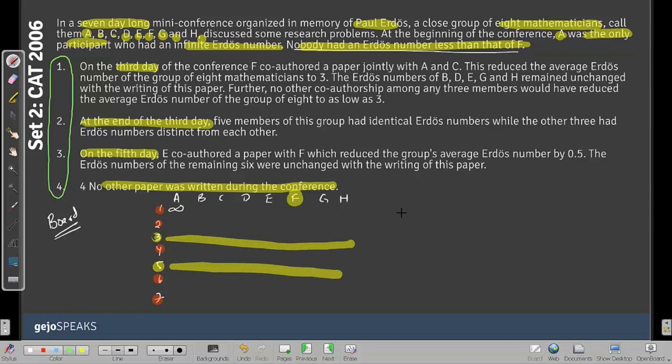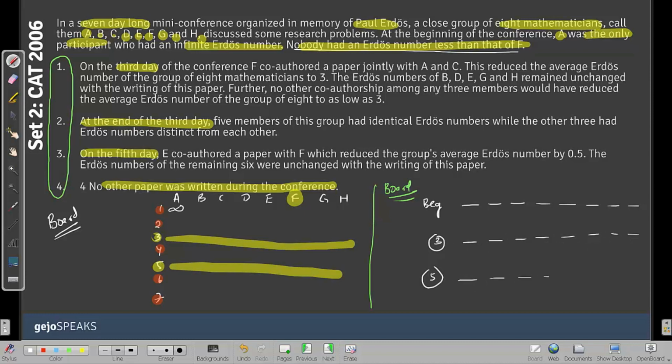And therefore the board that we could go with. So if you are thinking of drawing a board to go with, that board will look like this: let's say there are the 8 of them, 1, 2, 3, 4, 5, 6, 7 and 8 of them, and this is what happened in the beginning, and then something happened on day 3 and day 5. Day 3, 1, 2, 3, 4, 5, 6, 7, 8 of them.